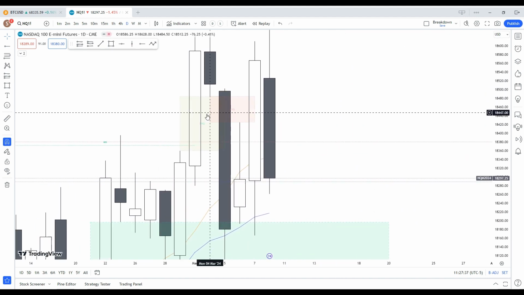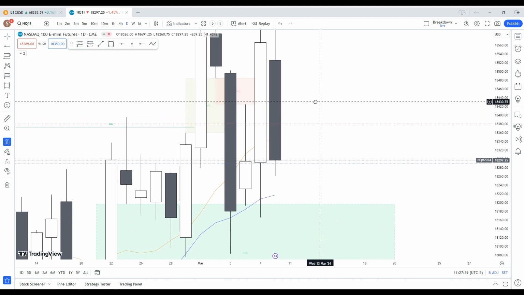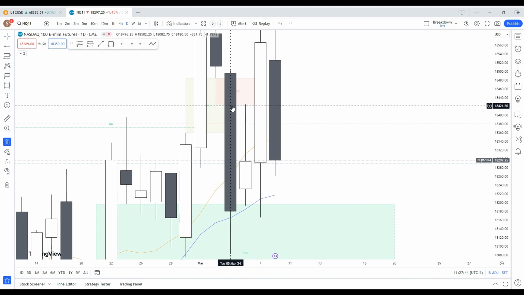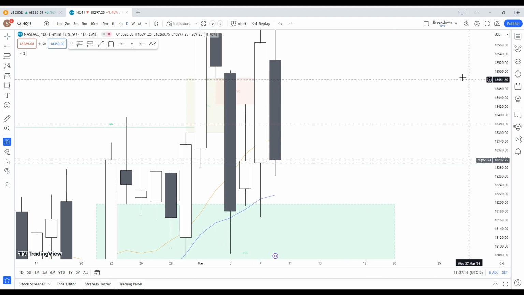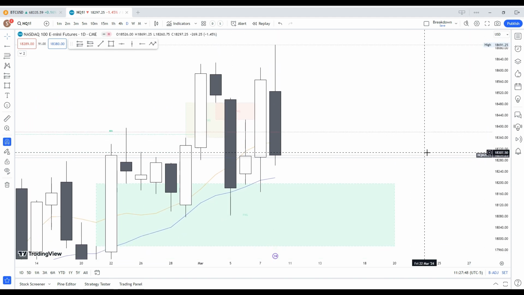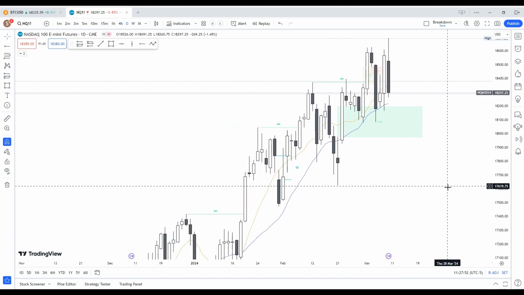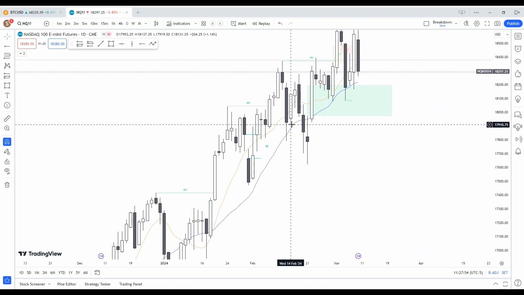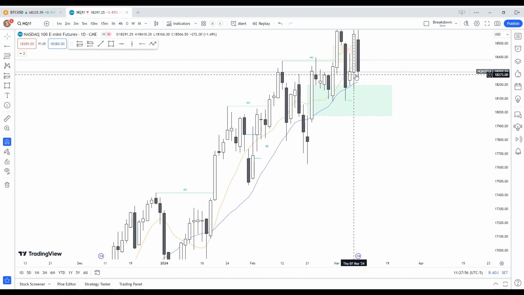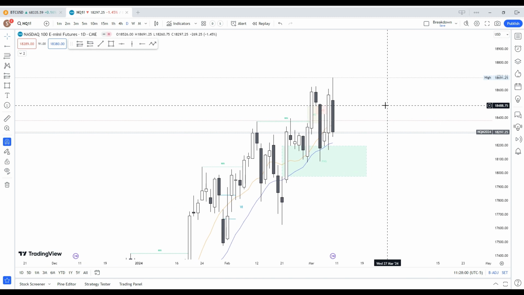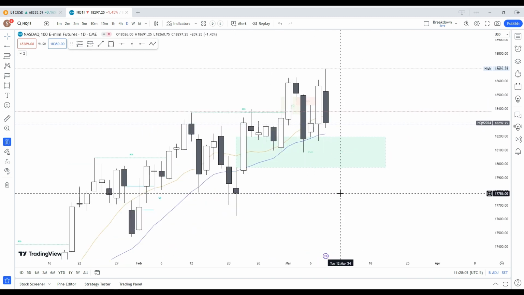So this seems to be an important area because we just continue to come through this zone here. I mean, we are still pushing up slightly, slowly. A lot of consolidation in this area. A lot.